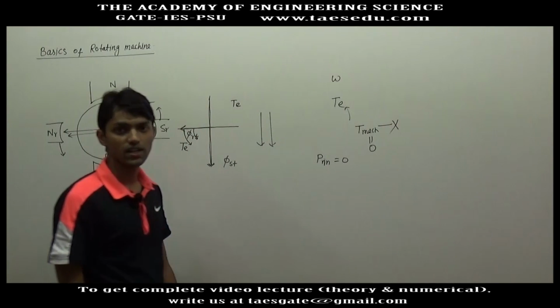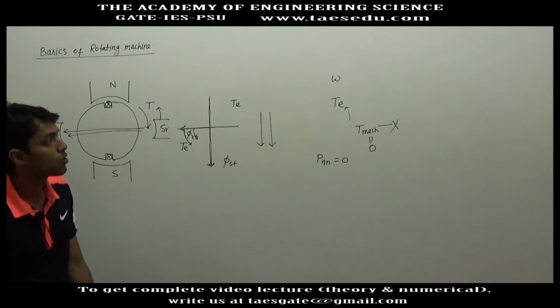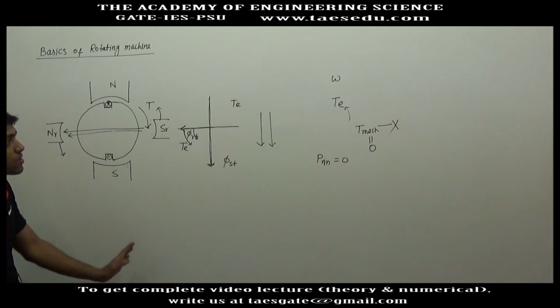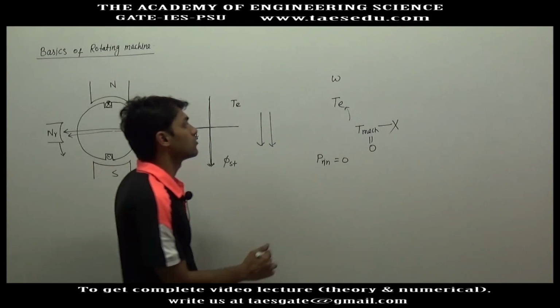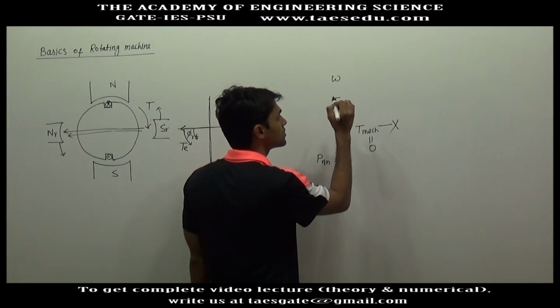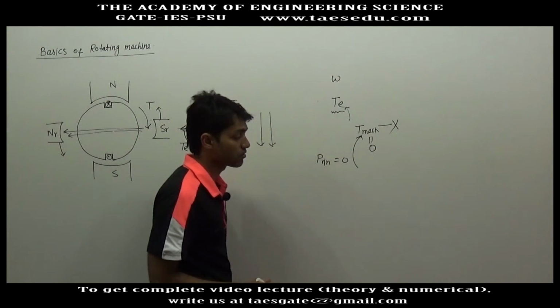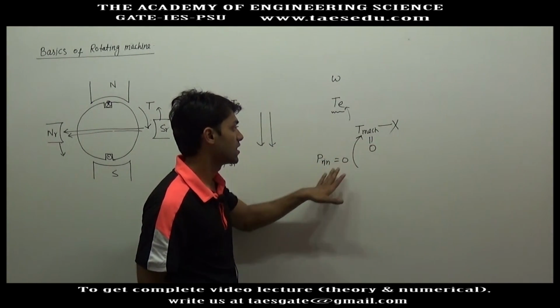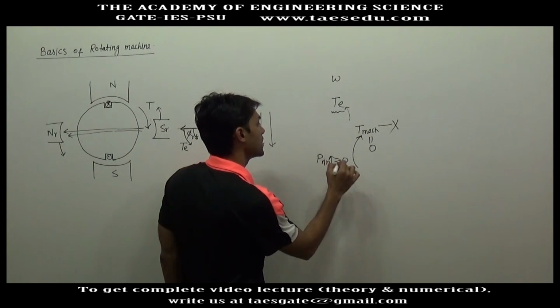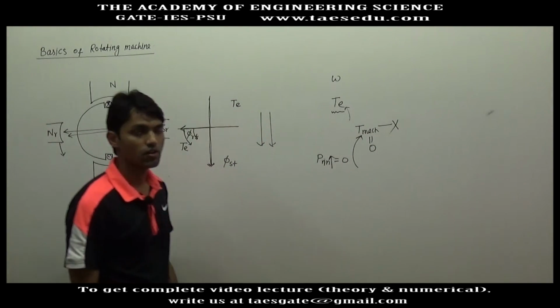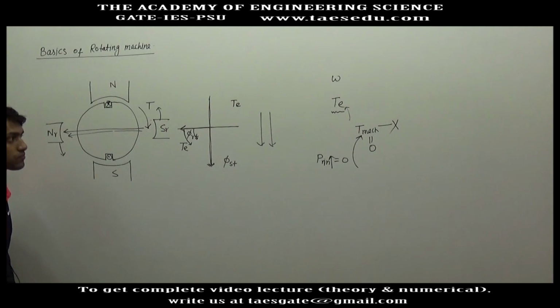If you are not giving any input, you will not get output power. So if you want to get more output power, what will you want? More opposing torque, so that you can apply more mechanical torque, and the input power will be high, and accordingly the output power will also be high.